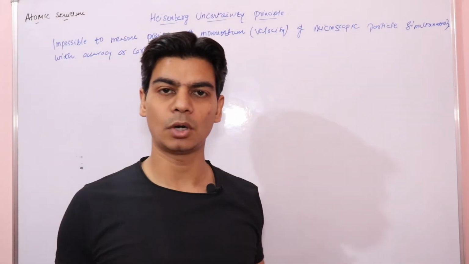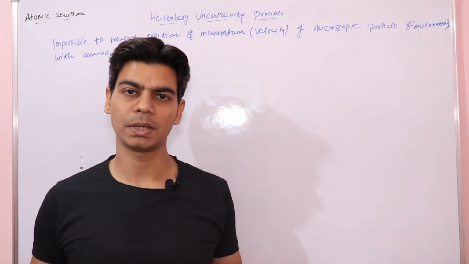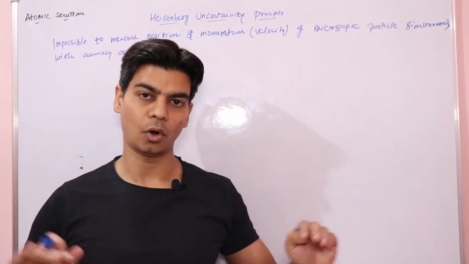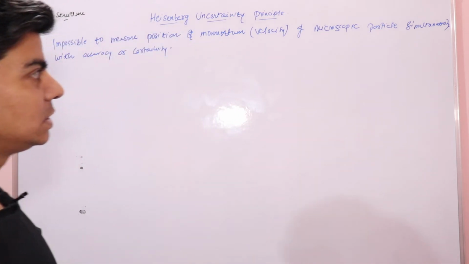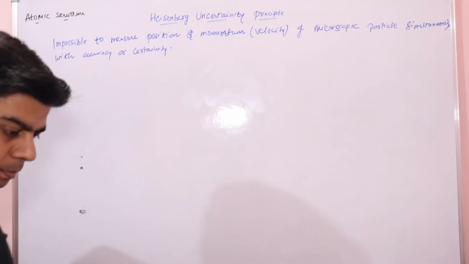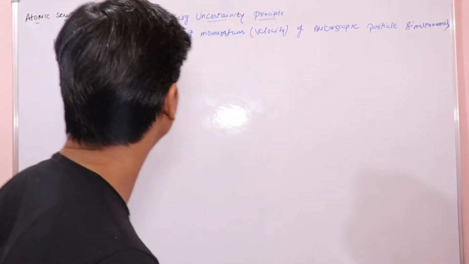that is extremely small particles like electrons. It does not apply to macroscopic particles, or the objects that we see around us. We'll look into the reason why it applies to microscopic particles like electrons and not to macroscopic particles.